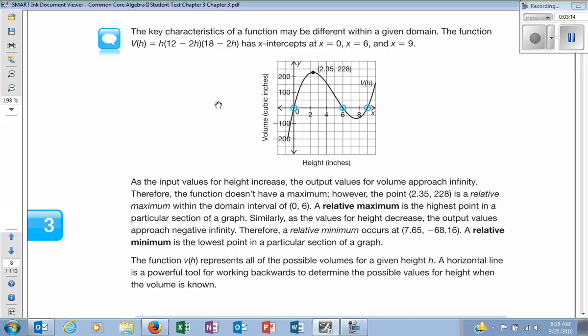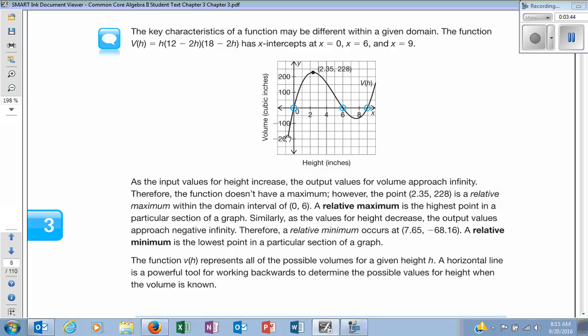Now, what do you notice about my piece? I can change the piece that I'm referring to. Are you with me? Let's change the piece. Let's only go from x is 0 to x is 10. So notice now I've cut this section off back here. I'm only talking about from here to here. You with me? Now, what's my relative minimum?